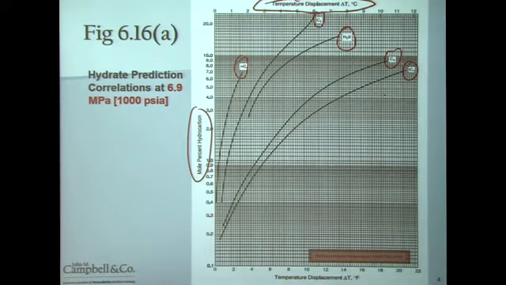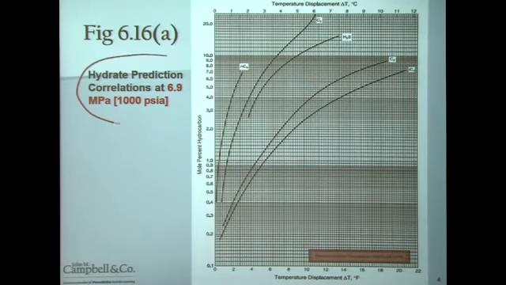Let's see how we can use this. This curve is specific for conditions of 69 bar or 1000 psia. In the textbooks that you will receive at a G4 session, you will have curves that are somewhat different as your pressures increase. But we will take an example to show you how this curve is used.